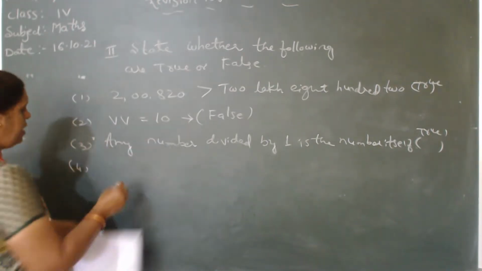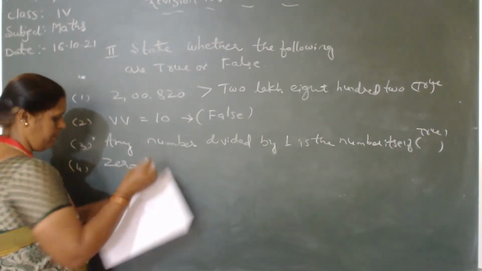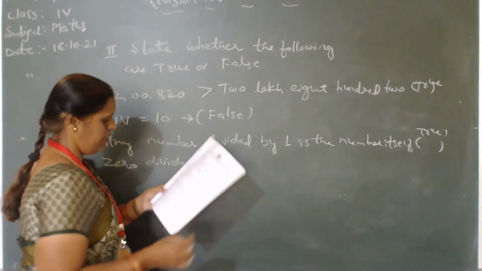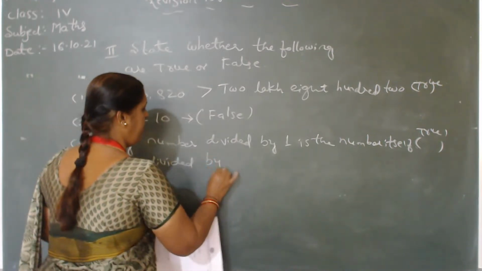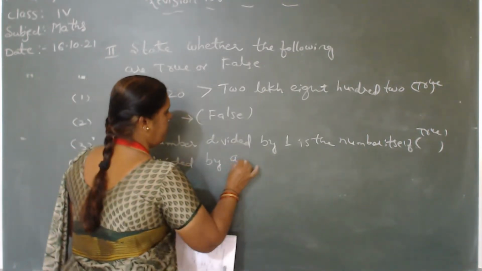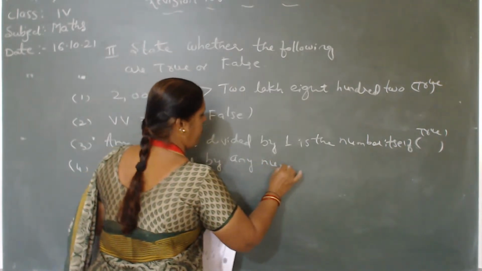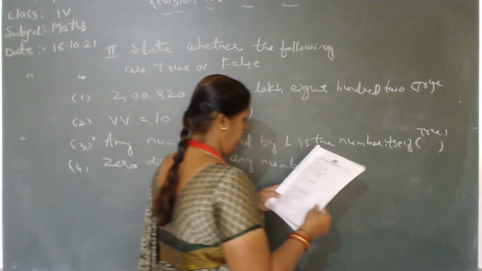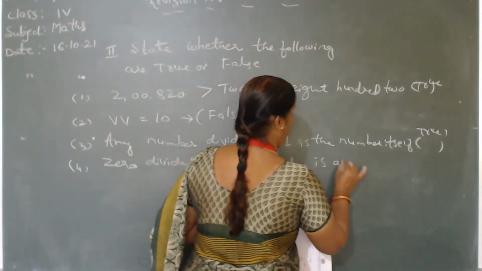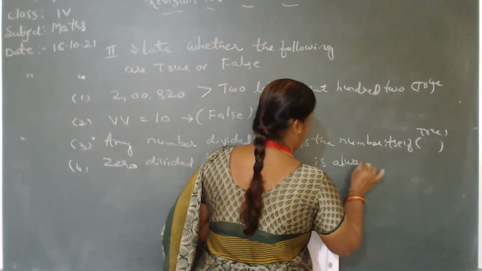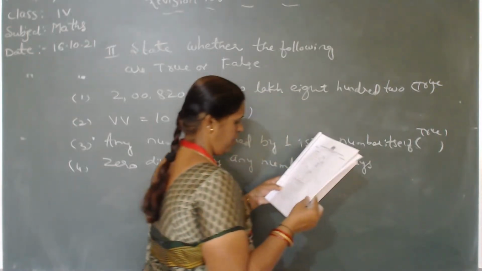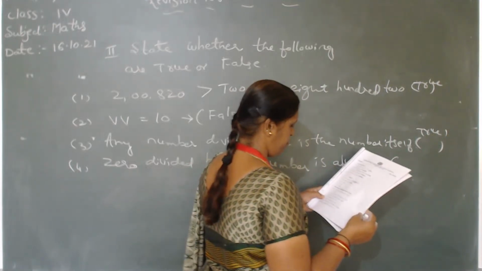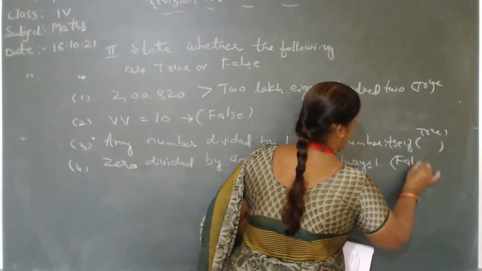Zero divided by any number is always 1. False.